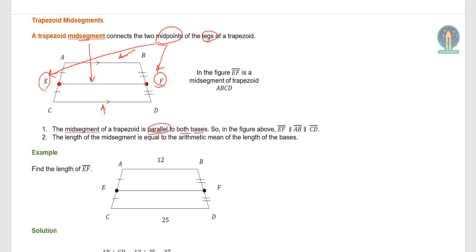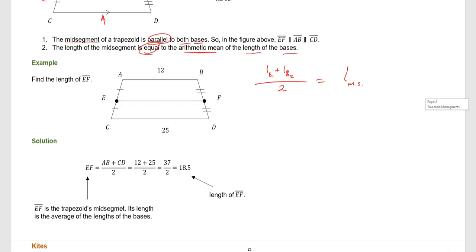The other feature of this segment is that it is equal to the arithmetic mean of the length of the bases, meaning you take the length of base 1 plus the length of base 2, let's say LB1 and LB2, and then divide it by 2. And that is the length of your midsegment.